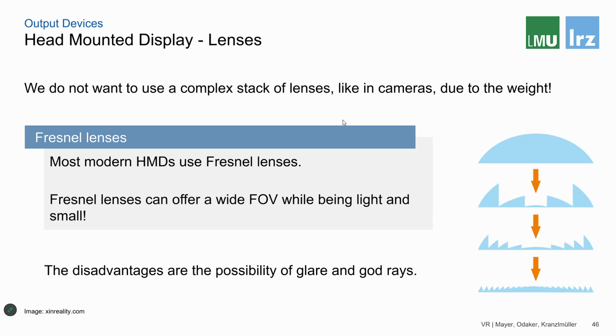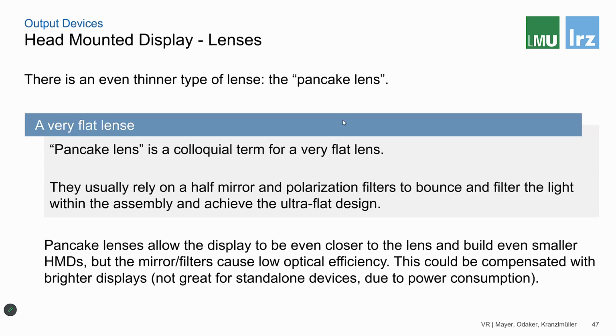But we are now seeing its successor. So we are now seeing a new generation of lenses, and those are known as pancake lenses. So for example, the MetaQuest 3, the Pico Neo 4, the MetaQuest Pro, these have pancake lenses. And pancake lens is basically a colloquial term for a lens that is just very flat.